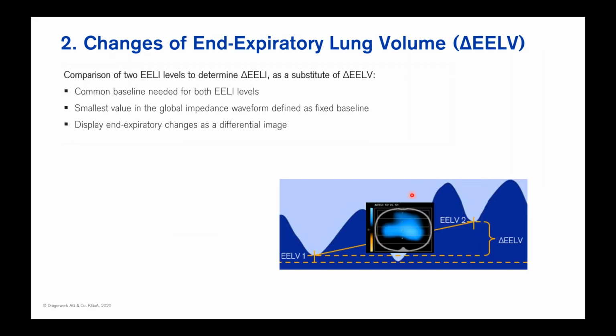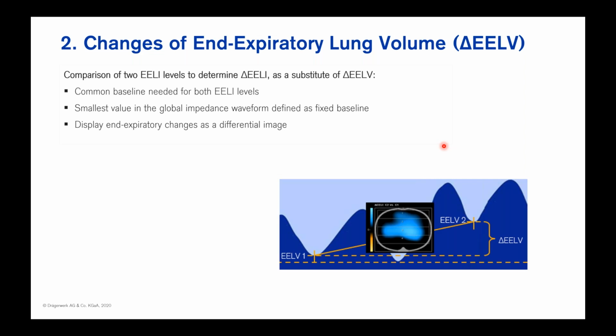The second information that we also can present with EIT is changes of the end-expiratory lung volume that are represented by the changes of end-expiratory lung impedance. So for example, the easiest way to change the lung volume in patients is to change PEEP settings.